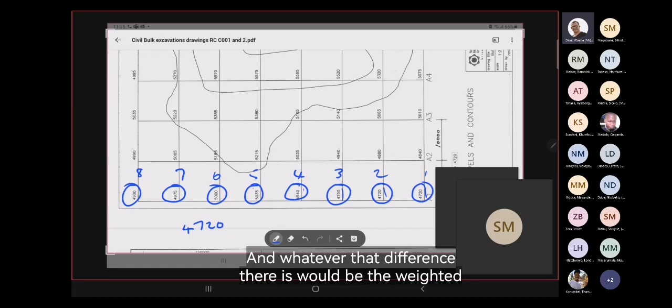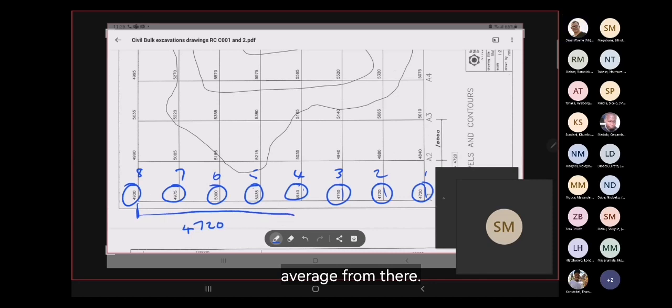Whatever that difference is would be the weighted average from there to there.